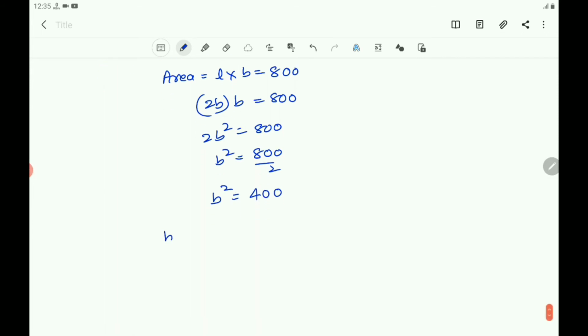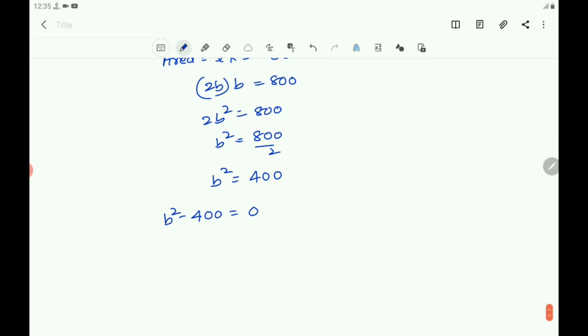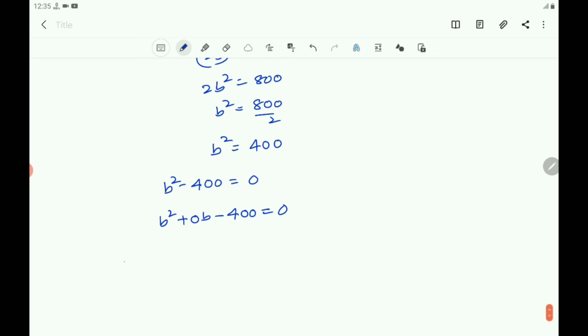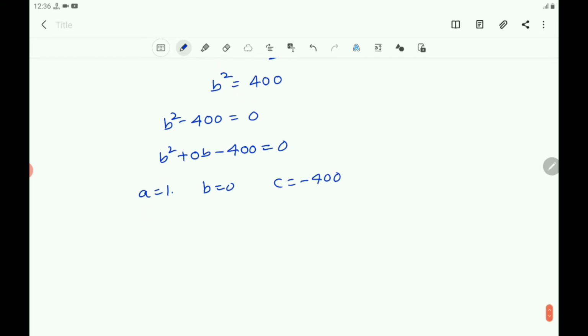Then you will get the equation b square minus 400 equals 0. If it is a quadratic equation in the form ax square plus bx plus c, that is b square plus 0b minus 400 equals 0. Here you find b square minus 4ac, where a equals the coefficient of b square, which is 1, b equals 0 and c equals minus 400.